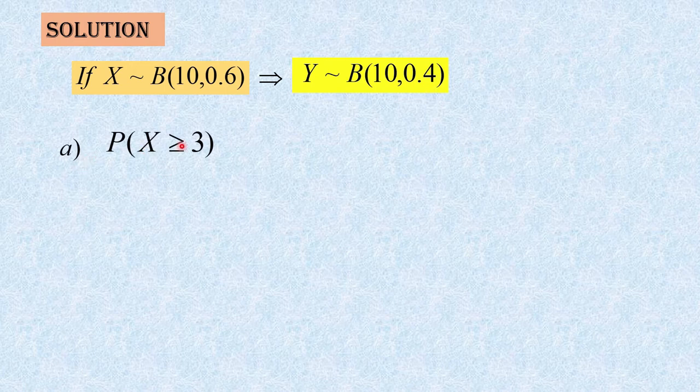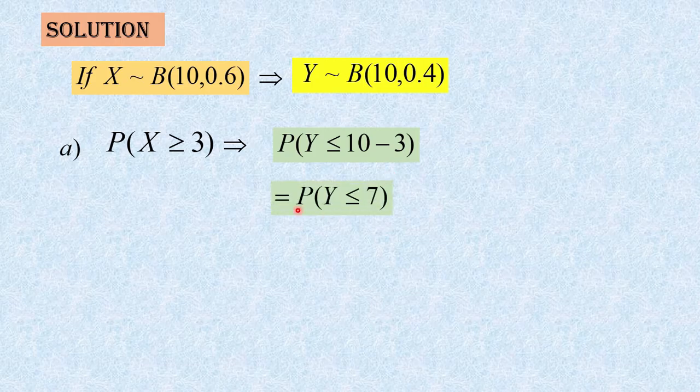So A, find the probability x more than or equal 3. Then we change to probability y. X more than or equal 3 is equivalent to y less than or equal 3. Here we change to 10 minus 3, that is 7.